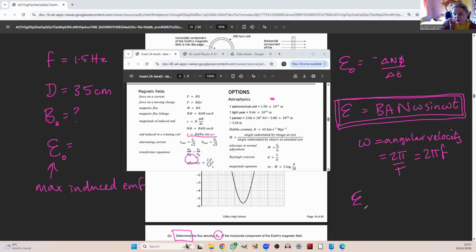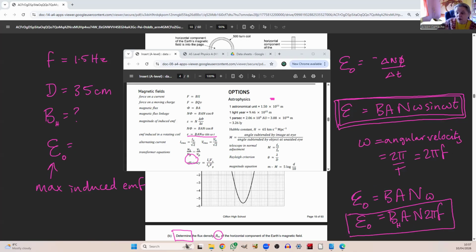So epsilon naught, it's not on your data sheet, but epsilon naught is BAN omega. And omega is 2 pi f, so it becomes BAN 2 pi f. That is epsilon naught. So there is the equation that we're going to use, and it's only the horizontal component that we're interested in.